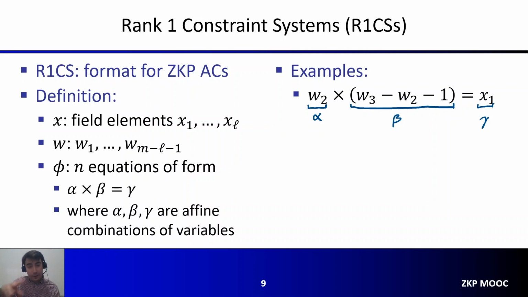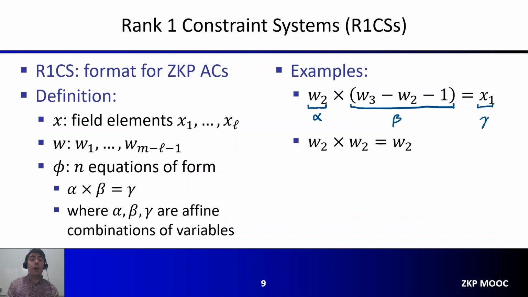So the most interesting of the affine combinations here is beta. It's a combination of W3, W2, and a constant. The coefficient for W3 is 1, the coefficient for W2 is minus 1, and the constant is minus 1. This is an acceptable constraint.